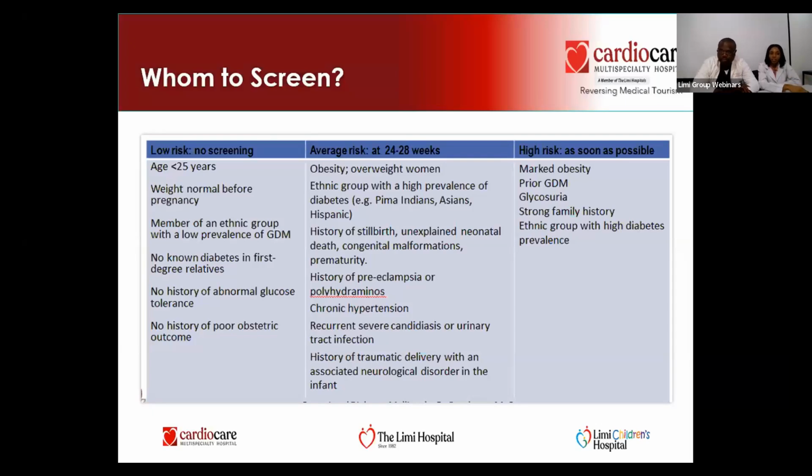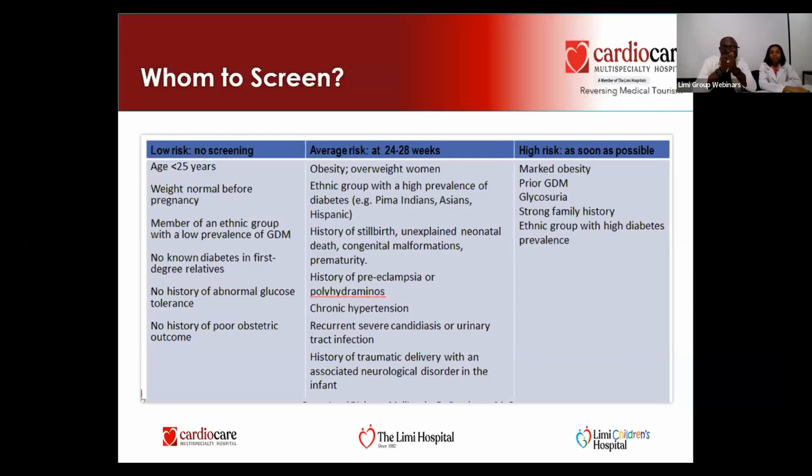Those that have the average risk are the overweight women, those in the high-risk race that we mentioned, the Asians, the Hispanics, history of stillbirth, unexplained neonatal death, prematurity, history of preeclampsia or polyhydramnios, chronic hypertension, recurrent severe candidiasis or urinary tract infection, history of traumatic delivery with an associated neurologic disorder in the infant. Then those with high risk: marked obesity, prior gestational diabetes, glycosuria, strong family history, or ethnic group with high diabetes prevalence.